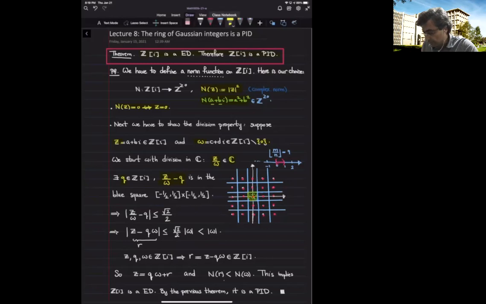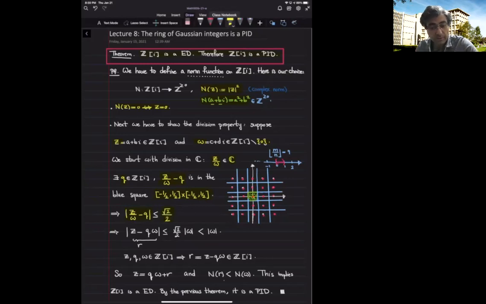That means the real part is within the range -1/2 to 1/2 and the imaginary part is also within the range -1/2 to 1/2. That means in particular that the complex norm of this difference cannot be more than half of the diagonal of this square, so it is at most √2 divided by 2.